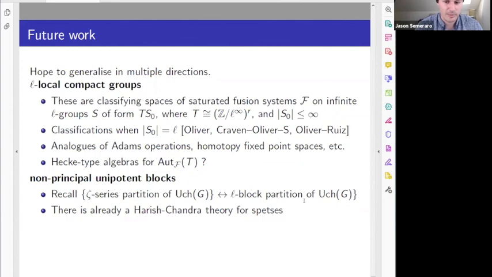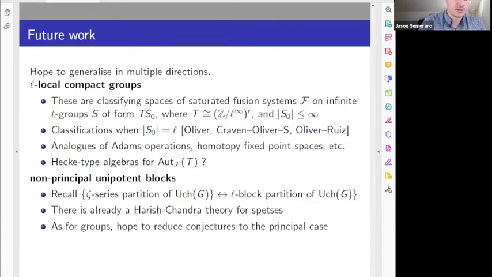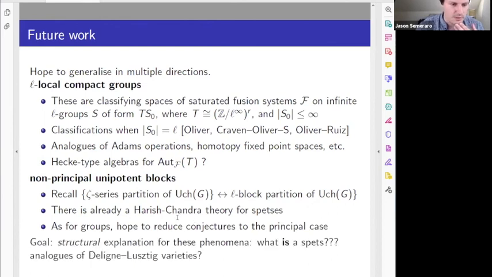We should be able to do block theory for other unipotent non-principal blocks for Spetses as well. There's already a Harish-Chandra theory of Spetses, so all the ingredients are somehow there for us to go off and do that. Perhaps one can also reduce conjectures about these non-principal unipotent blocks to the principal case. That's another hope.